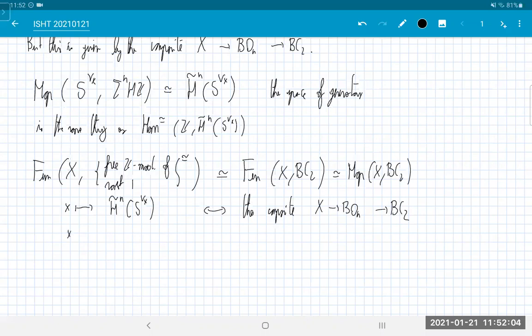On the other hand, the constant map at Z is just the constant map at the base point, because Z is the base point of this groupoid. So a homotopy between these two things is exactly a null homotopy of this composite.